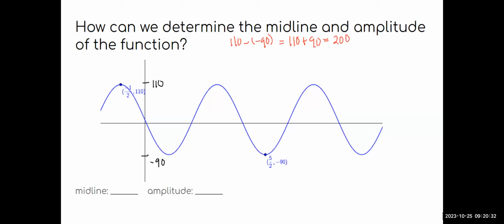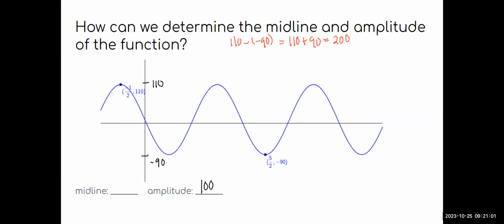Yep, and that is also helpful. So if we find the difference in the max and min is 200, then half of that is 100. And what is that value? Is that the midline or the amplitude? Right. So the amplitude is going to be 100. So subtracting helps us find that.